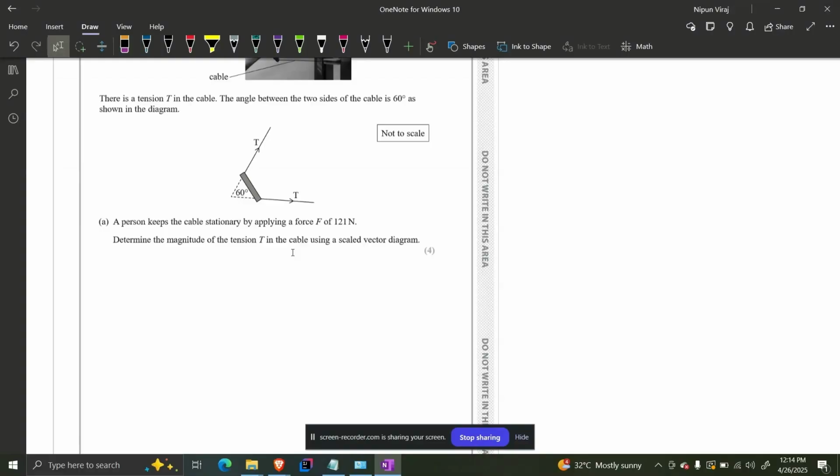So here, determine the magnitude of the tension using a scaled vector diagram. Here the tension forces are like this, right?